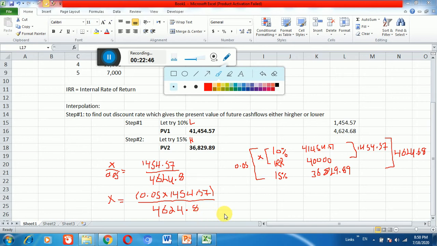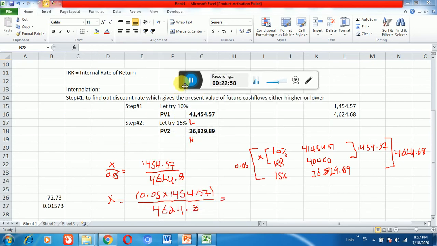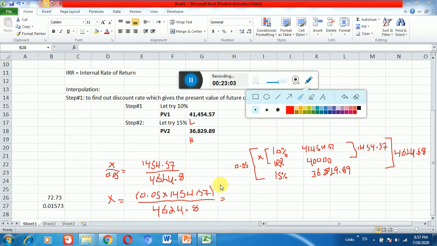Okay, dear students, now we can get the x value. If you compute this one, we have 0.01573. So dear students, this is the value of x.